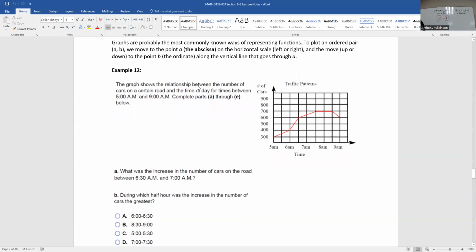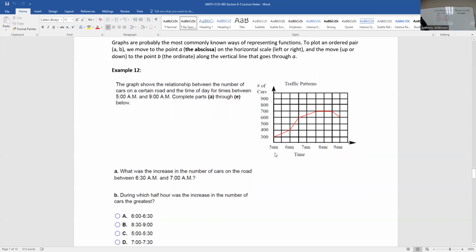And in example 12, it's just a graph where they plotted some points on the coordinate plane and then connected the dots. Now this only represents one quadrant: positive going across and positive going upward.